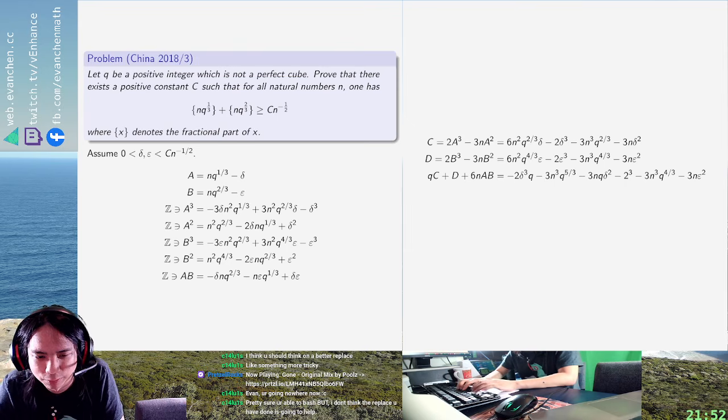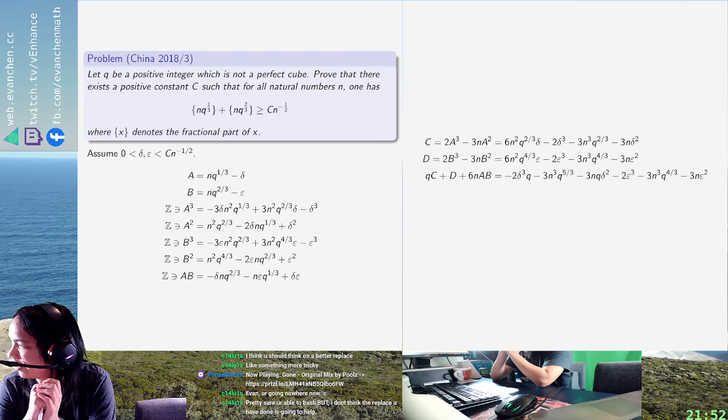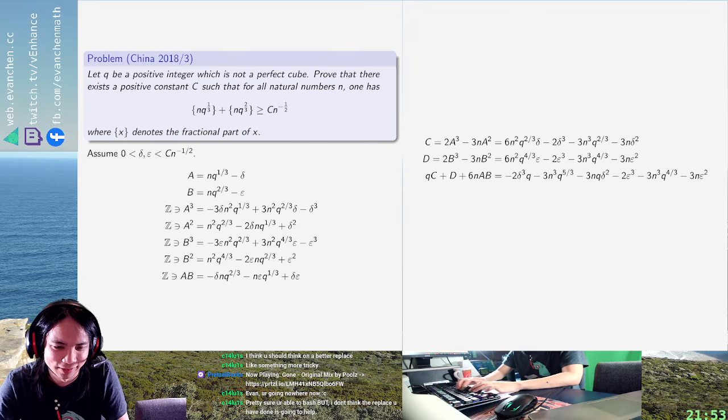I wrote 2 cubed. I meant to write something else. I think you should think on a better replace. I mean, if you have a suggestion, I would be happy to take it, because right now I have no clue what the frick I'm doing.